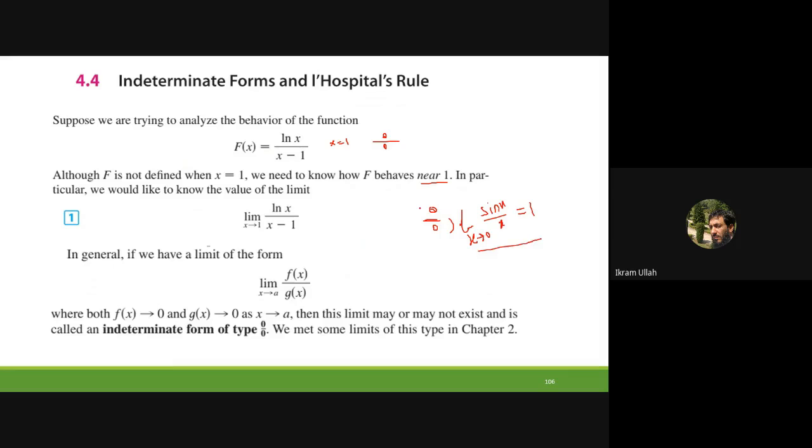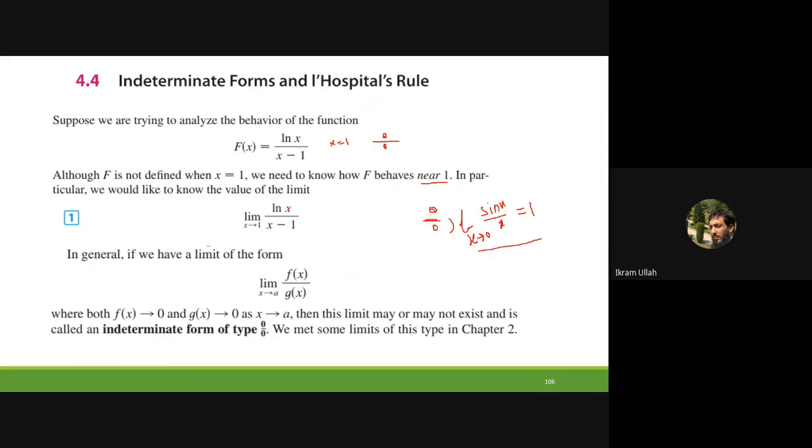Sometimes we factorize the term and cancel out the common factor, and then we get the limit of that function. And sometimes we have to rationalize the function, and then we apply the limit and get some limiting value of that function.